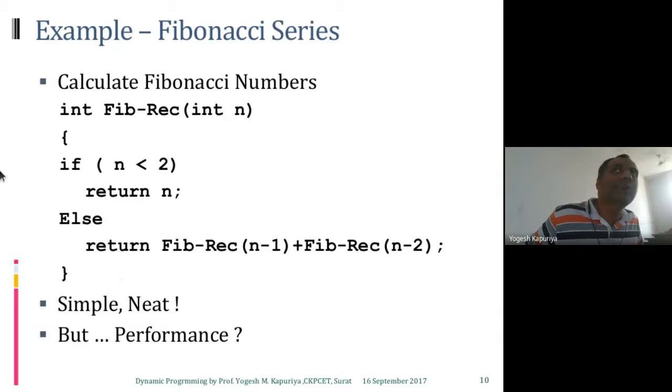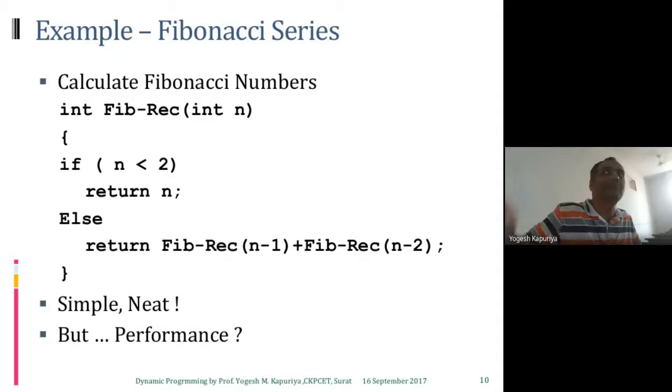So this algorithm, which computes Fibonacci numbers, returns n when n is less than 2. Why is it returning n? Because when you call Fibonacci of 0, what is Fibonacci of 0? It is 0.